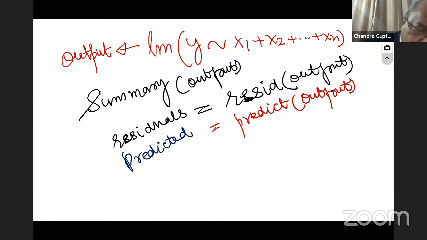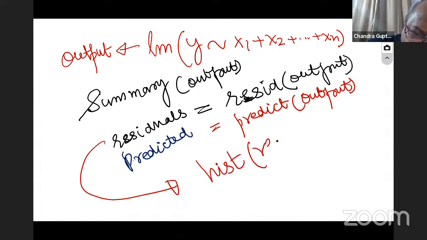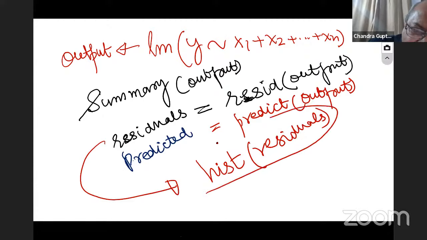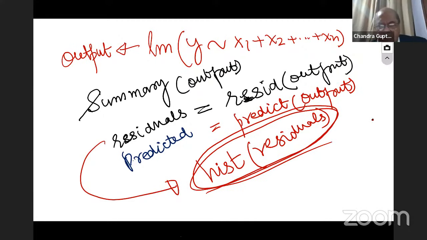And to check the normality of the residuals, you can make the histogram of residuals. And that histogram will give you an idea whether the distribution is normal distribution or not.